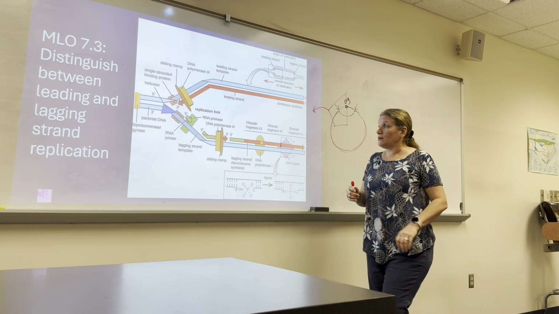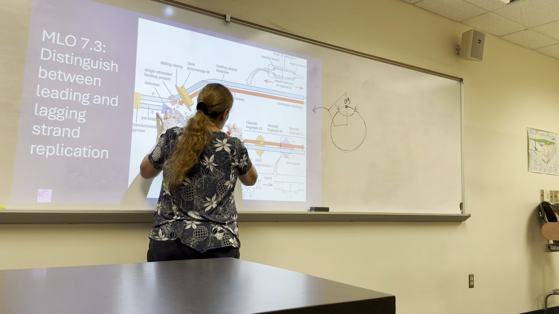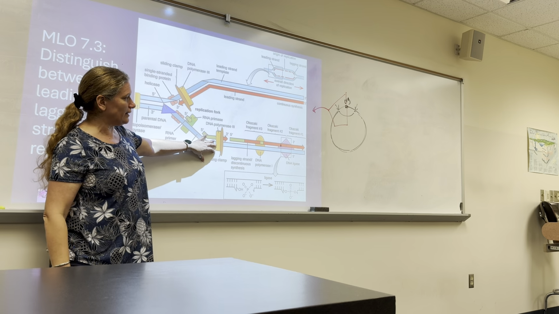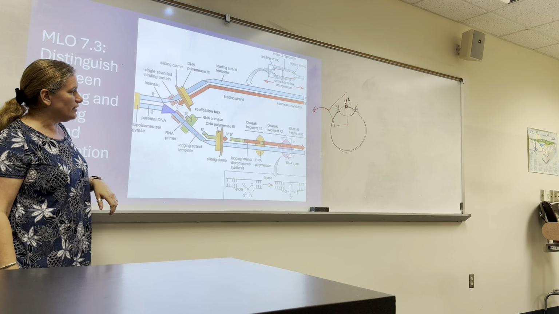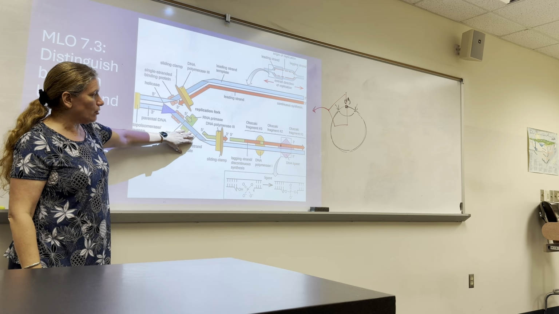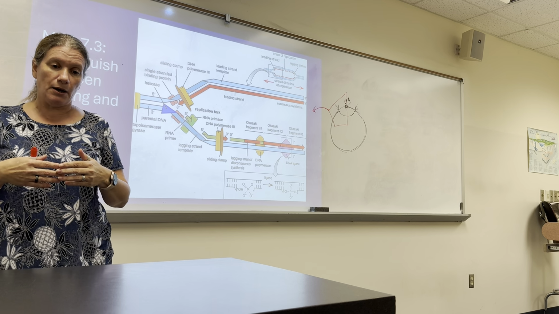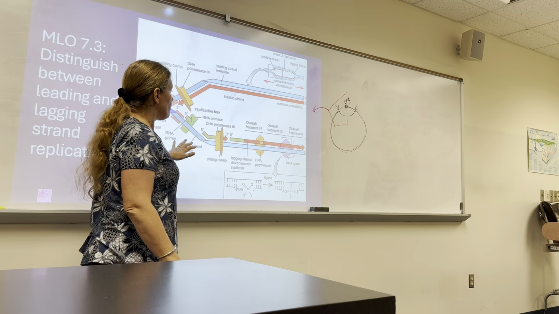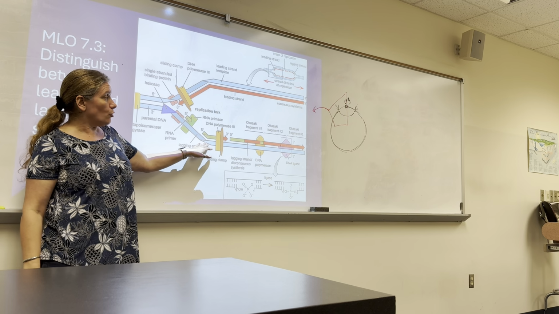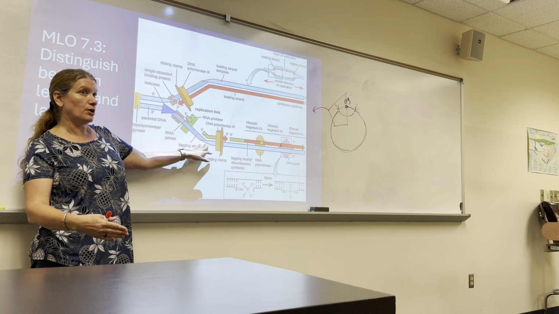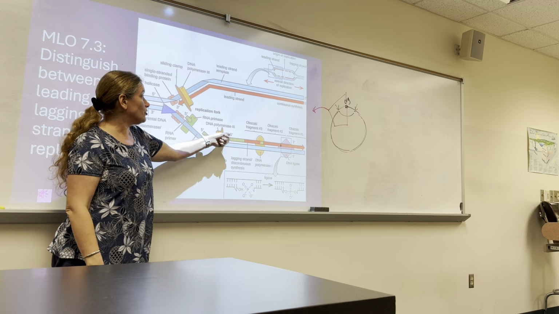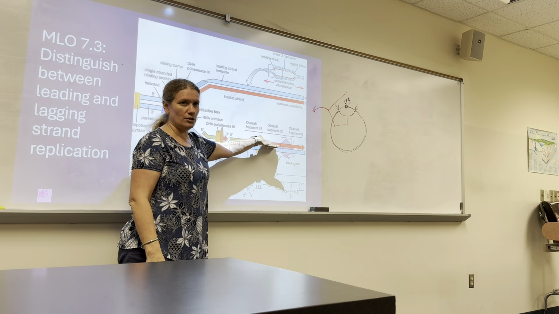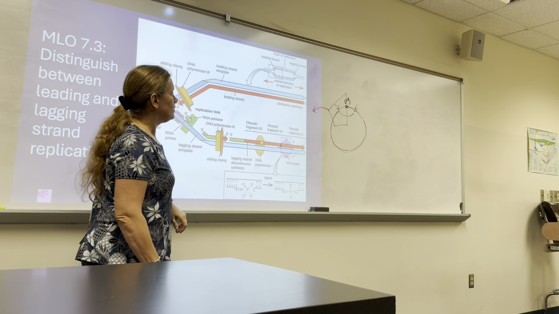Where all of the excitement and kind of the messiness that's happening is over here in the lagging strand. For the lagging strand, this template now, because don't forget our two DNA molecules are anti-parallel. So for this template now, to polymerize 5' to 3', you can't go in this direction to the left. You have to go this direction to the right, okay?